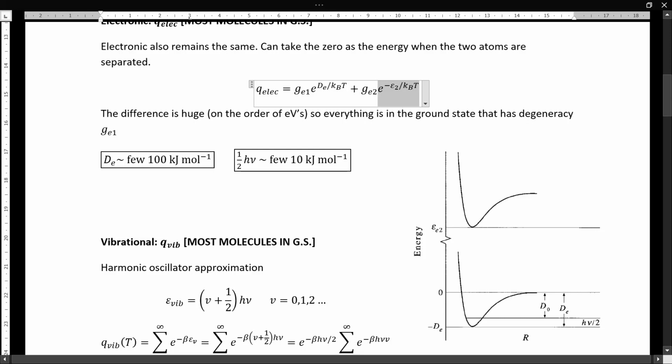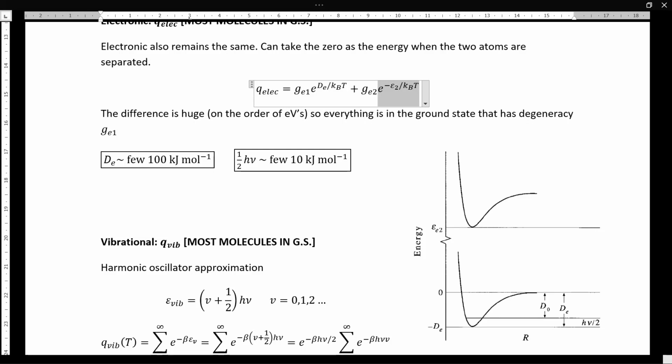If this was 0 and this was dE plus epsilon 2 instead of epsilon 2 and dE over here. So there is absolutely no difference in the occupancy, or in the number of energy levels that are available. That will not make any difference, whatever reference of energy that I choose.